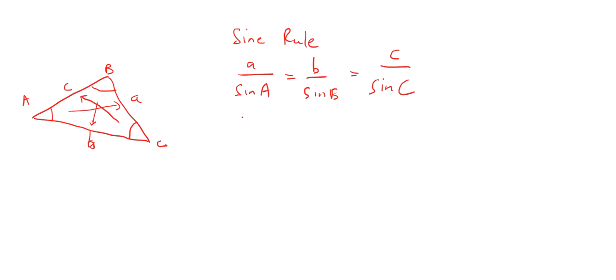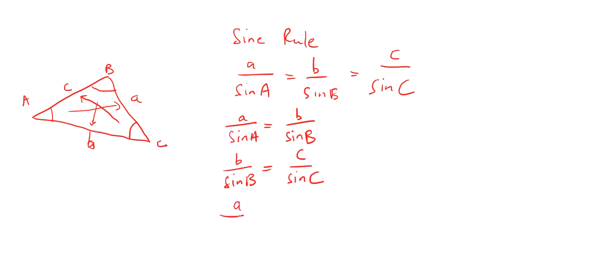So what the equation is really saying is that a over sine A is equal to b over sine B. We can also say that b over sine B is equal to c over sine C. We can also say that a over sine A is equal to c over sine C.